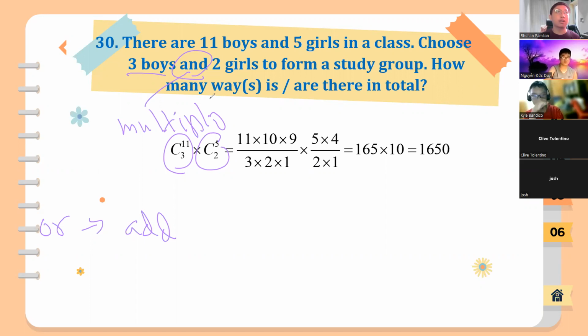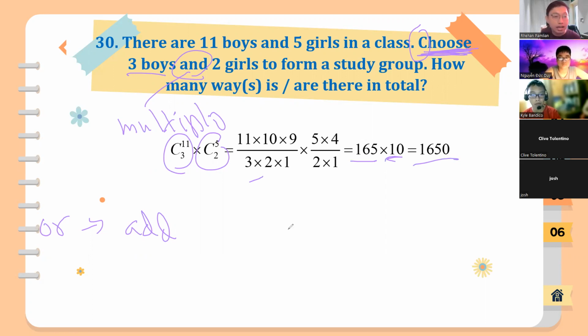So this is not a permutation problem because we are not specifically asking for the order. Usually, guys, if you see the word choose in the problem, that's your clue that this is going to be a combination problem. So here 11 combination 3 is 165, 5 combination 2 is 10, so multiplying them gives 1650.